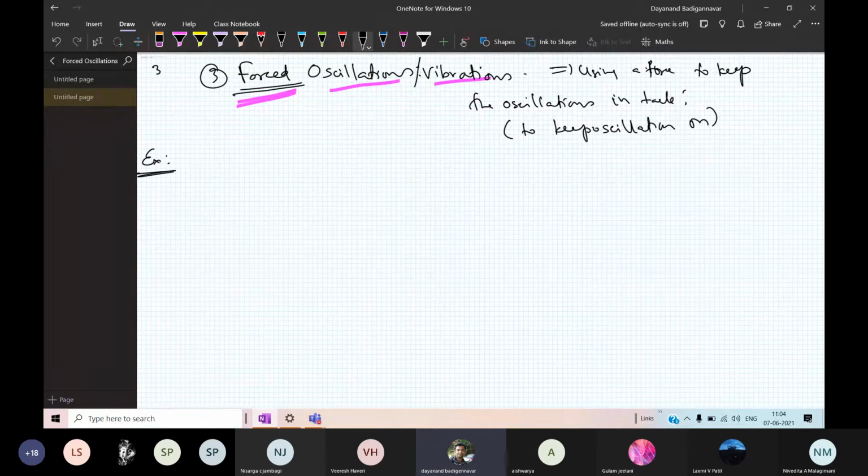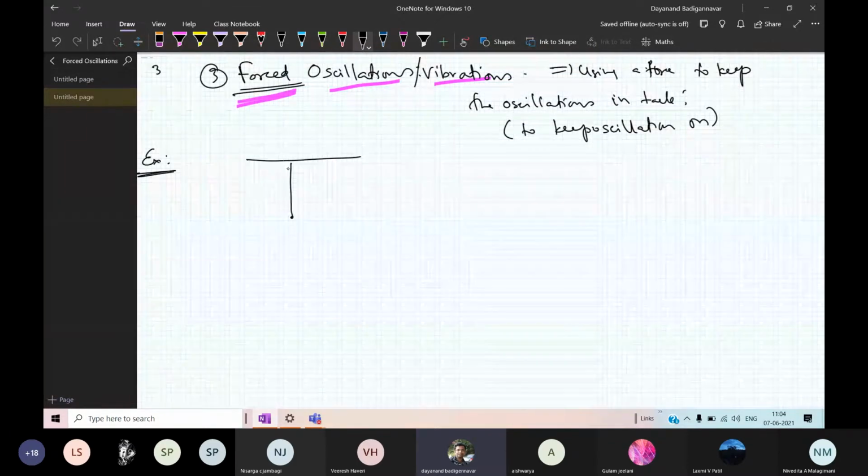You and your friend have gone to a park. There is a swing in the park. You are sitting on the swing, and you have a displacement of theta.